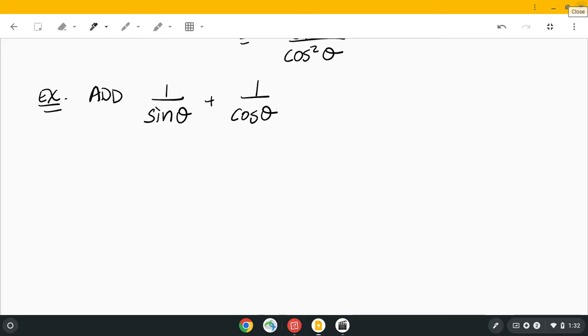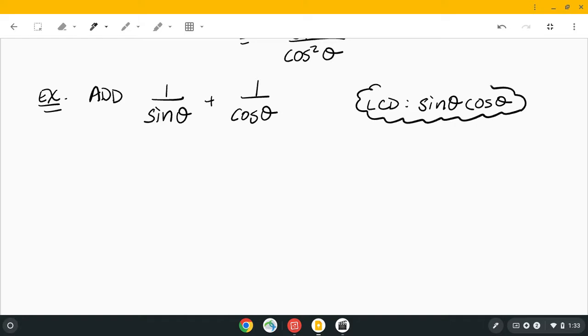So just like any other kind of fraction, if you're going to add or subtract fractions, the denominators have to be the same. Here they are not the same. One of them is sine theta, the other one is cosine theta. So I need to get the LCD, the least common denominator. In this case, it would be sine theta cosine theta. So this is what I want the denominators to look like in order for me to add them.